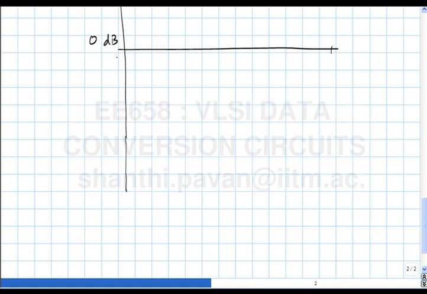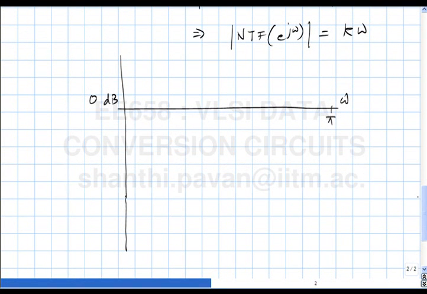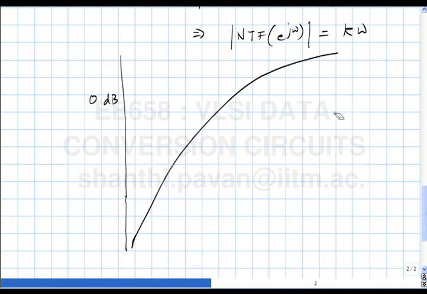This is a linear scale, goes from omega is 0 to pi, alright. So the original NTF would have been something like this.